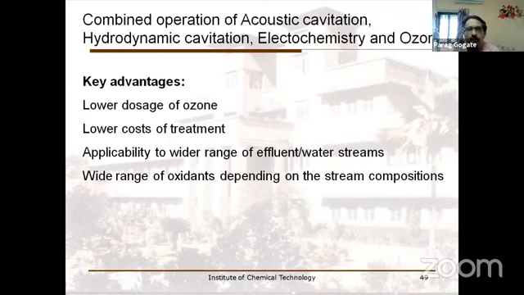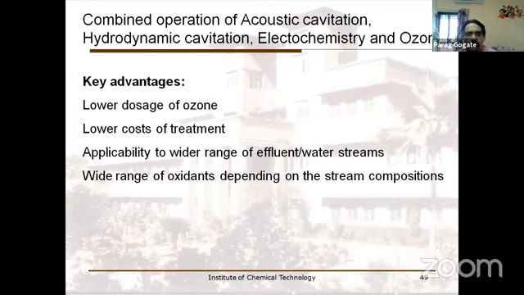So your key advantages, if you are operating as a combined system, you will have lower dosage of ozone, you will have lower cost of treatment, definitely, because ozone is the most energy consuming device or oxidant in this particular system.